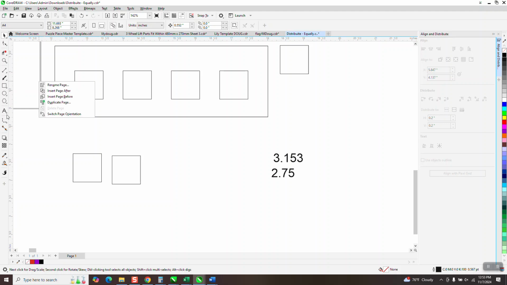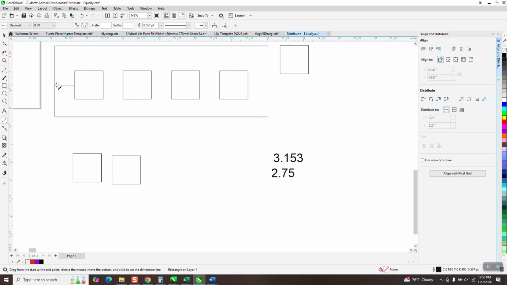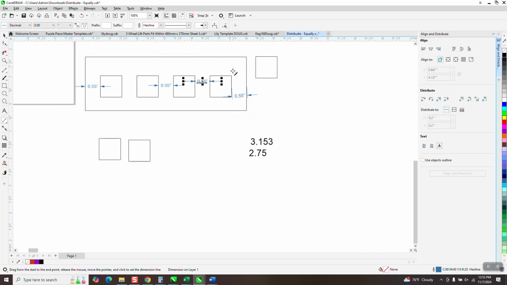But I'm going to do some measurements now. And we are 0.55, 0.55, 0.55. Every one of them is going to be the same. It would have been a lot easier if it was a 6-inch box and 2-inch squares or 1-inch squares.